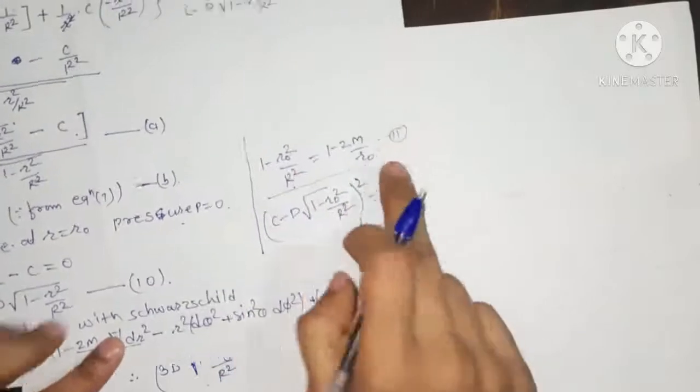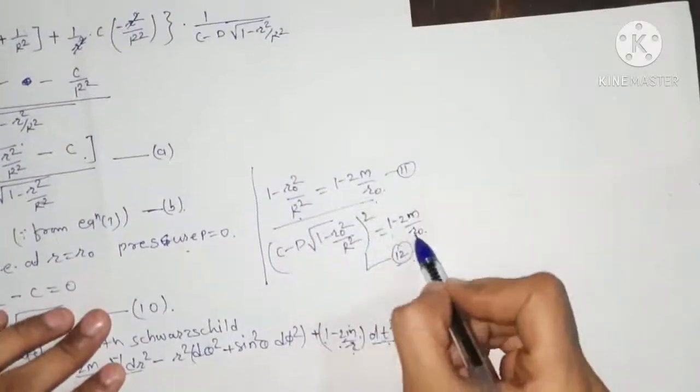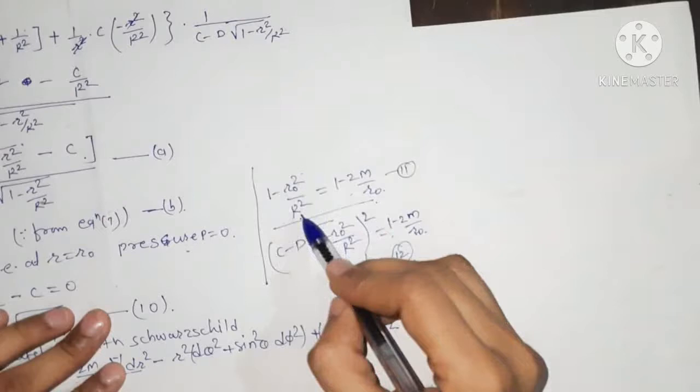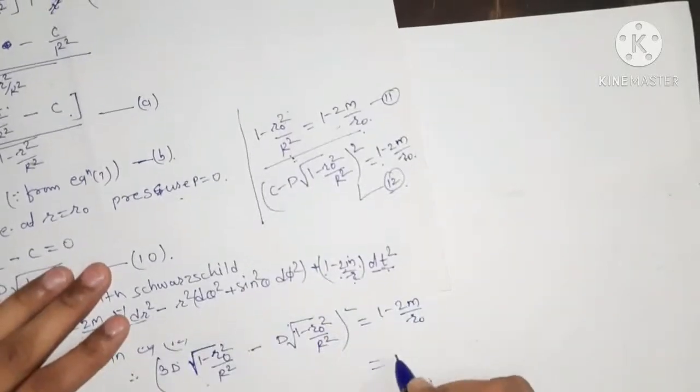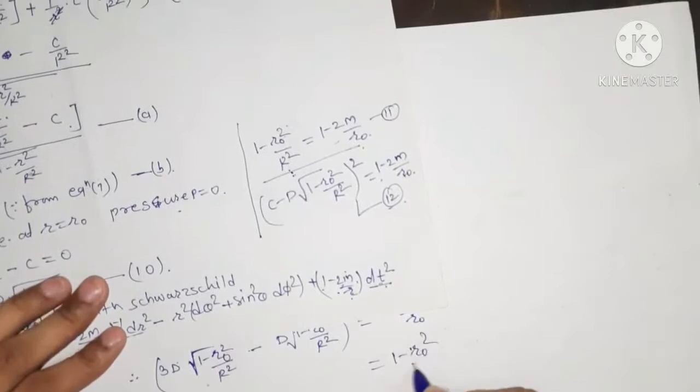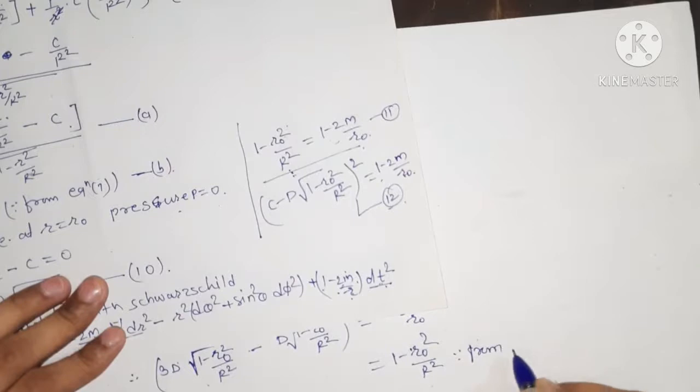But by equation 11, 1 minus twice m upon r0 is equal to 1 minus r0 square upon capital R square. So we write this as 1 minus r0 square upon capital R square, since from equation 11.